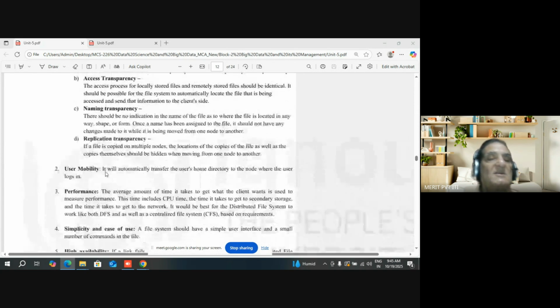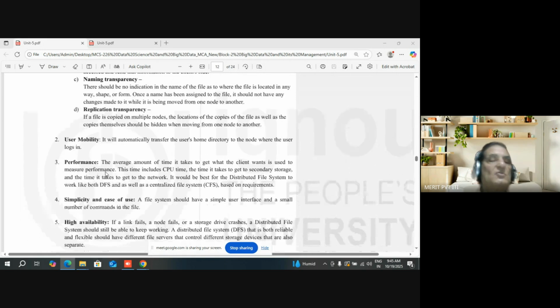Naming transparency: there should be no indication in the name of the file as to where the file is located. It should not be added. Replication transparency: if a file is copied on multiple nodes, the location of the copies of the file, as well as the copies themselves, should be hidden when moving from one node to another. So that type of thing.